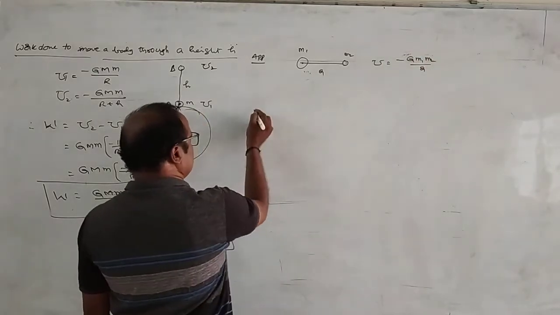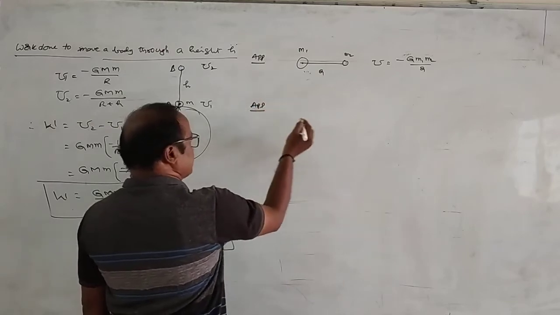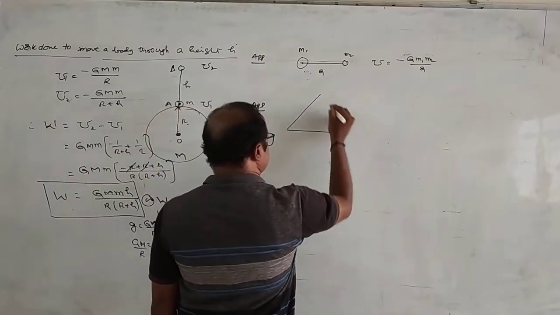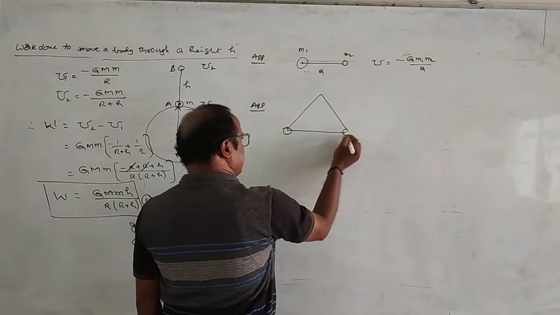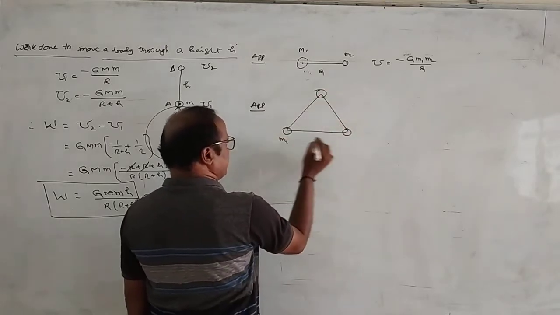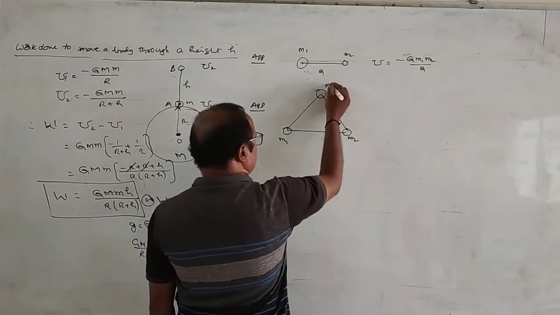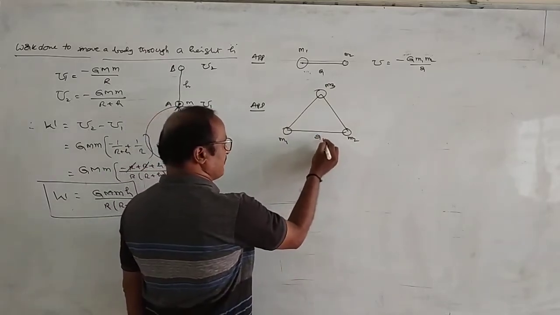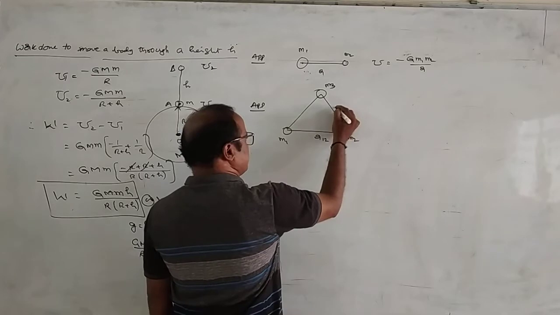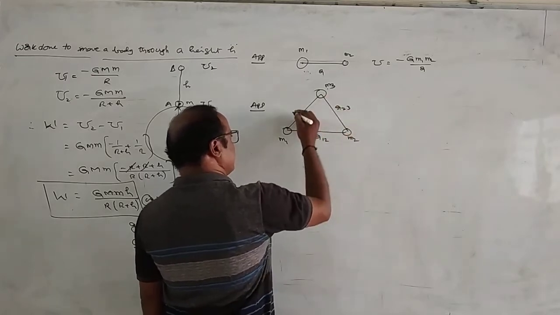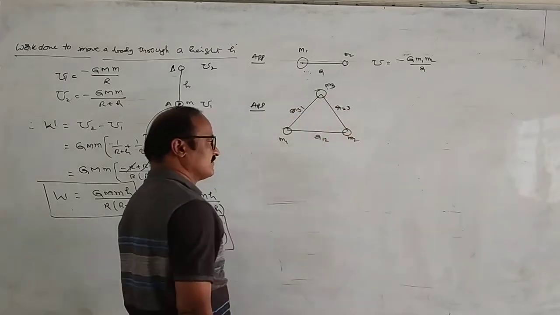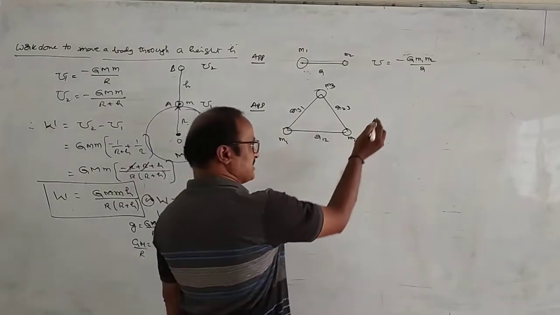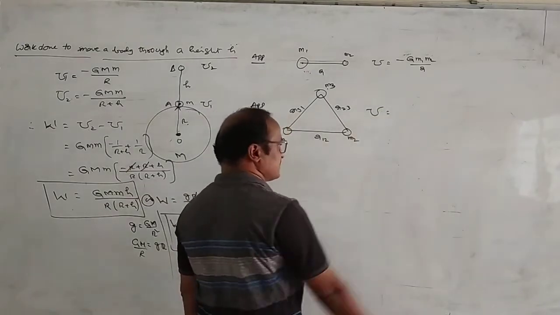Now let us consider three particles having masses m1, m2, m3. Separation between m1 and m2 is r12, between m2 and m3 is r23, between m1 and m3 is r31. Then what is the gravitational potential energy of the system of three particles?